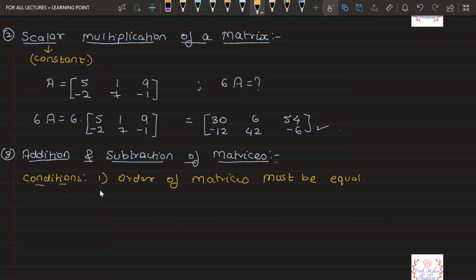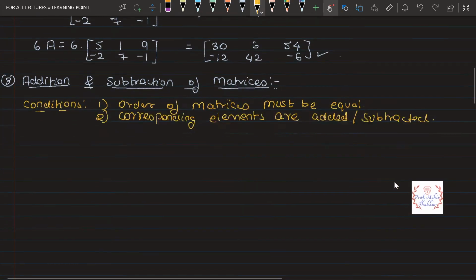and the condition number 2, corresponding elements are added or subtracted. Let us take a simple example for this.